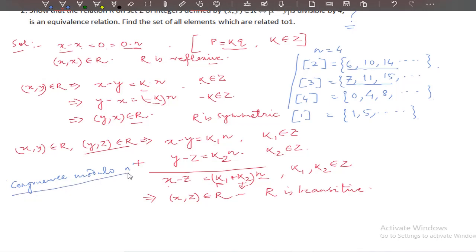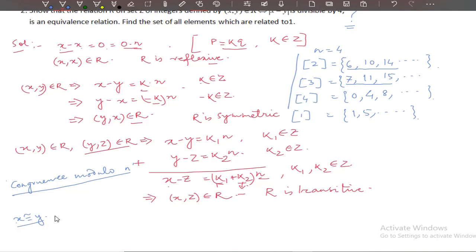Actually, two integers x and y are said to be congruent to each other. This is not congruence of triangles. Two integers are said to be congruent to one another.